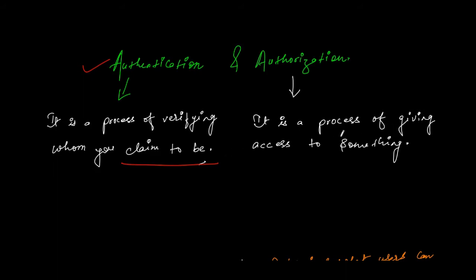And when they have given access to their email services, which is what they have decided, there you went through the process of authorization. It is up to you in the authentication process how you will prove your identity, but in authorization it is up to them, up to the company, whether they should provide access to their services or not. They can also deny giving any type of services to you.